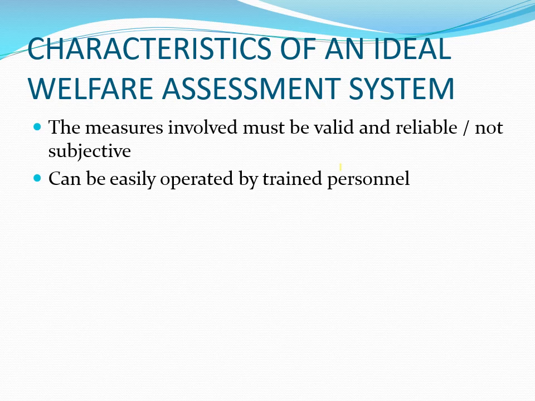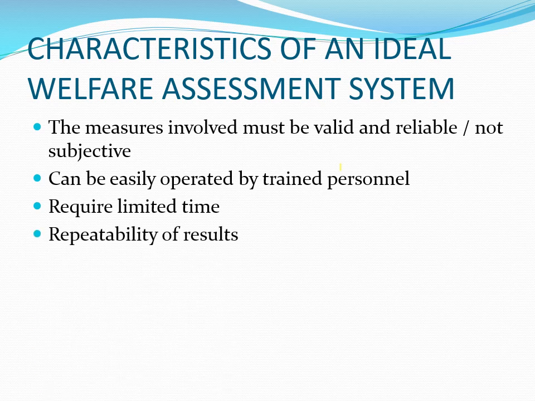We don't want a system that somebody fails to operate or use. Number three: the system should use very limited time for the assessment, and the results should be repeatable. Whoever assesses the welfare first should get the same result as any other person that assesses second or at any other time.